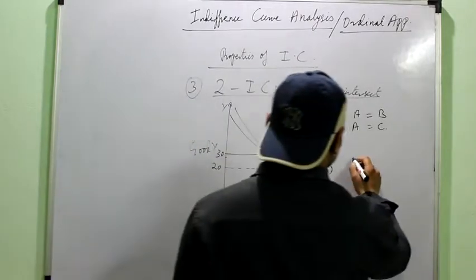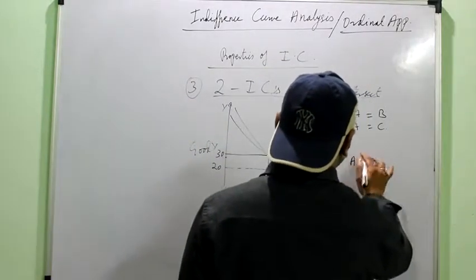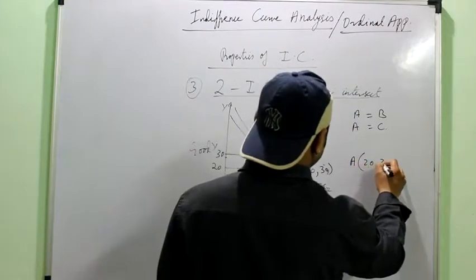Now we just compare these bundles, where I have A as 20, 30.